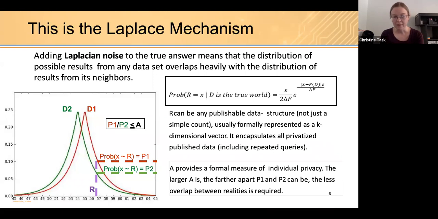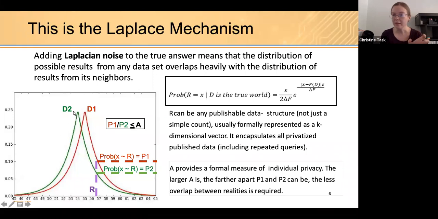And the differential privacy guarantee says that those two distributions must overlap, and they must overlap closely. The degree to which they overlap is controlled by the privacy loss factor, which is epsilon. The larger epsilon is, the less overlap we enforce, the less noise we add, the more accurate we are.